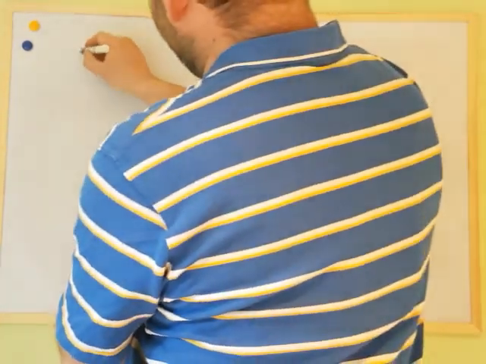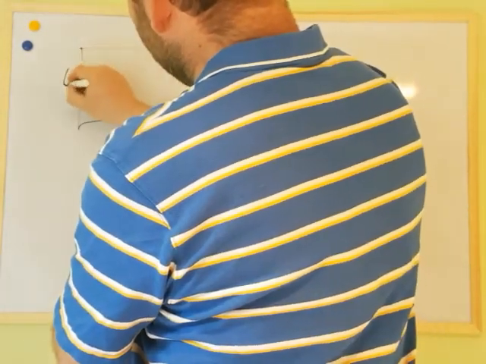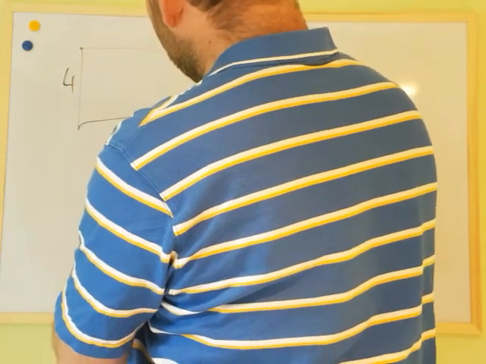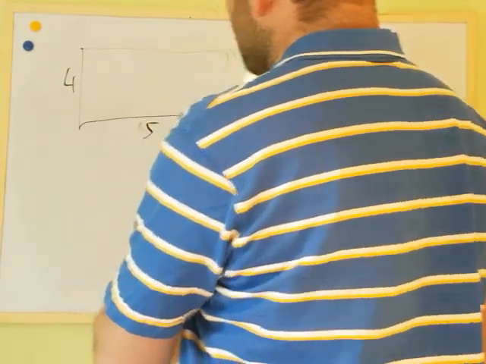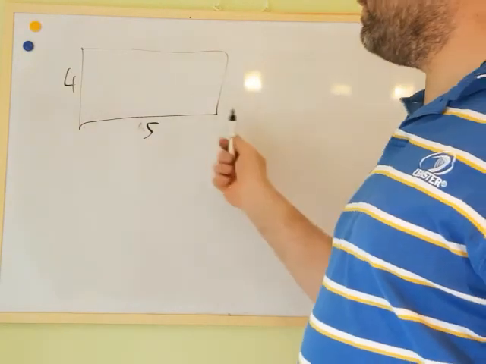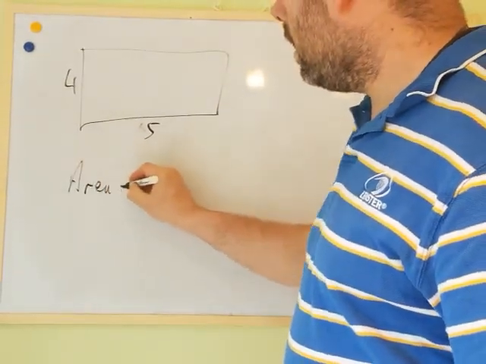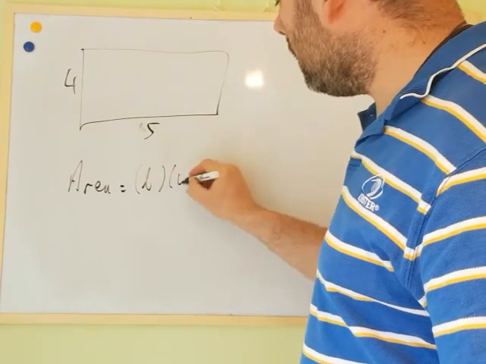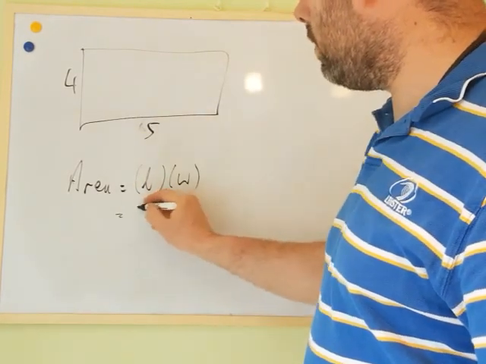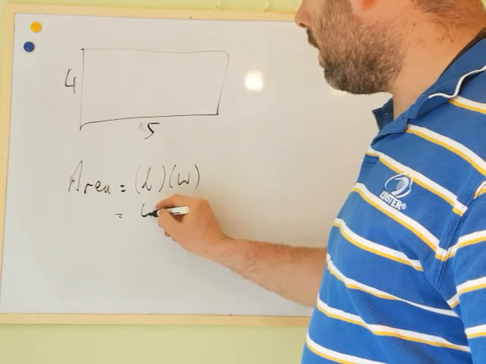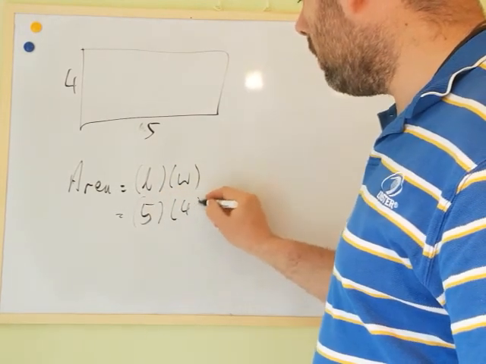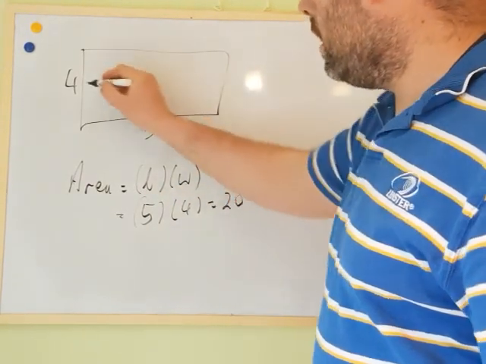So if I have a rectangle, and it has a length of 5 and a width of 4, to get the area, it is the length times the width. So in this case, it would be 5 by 4, which is 20.